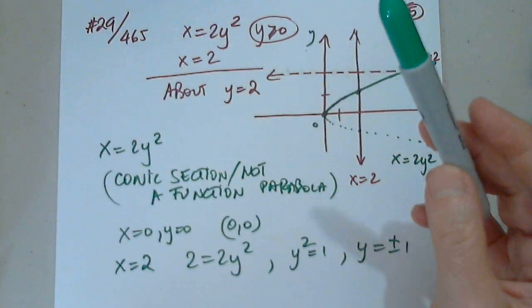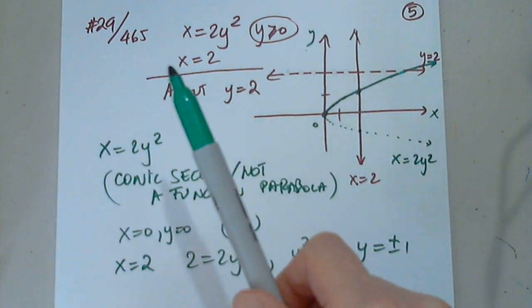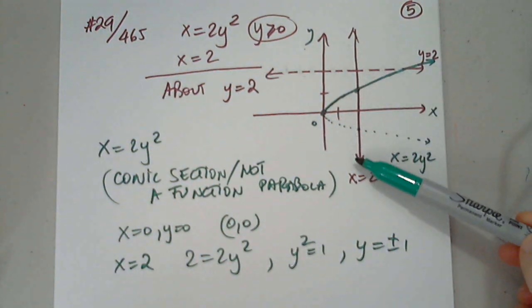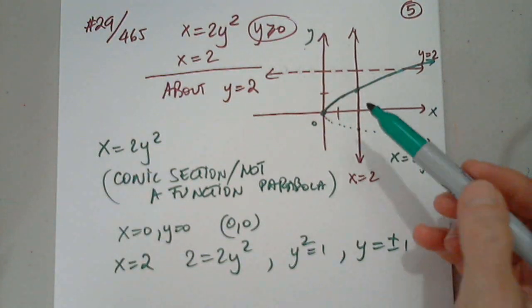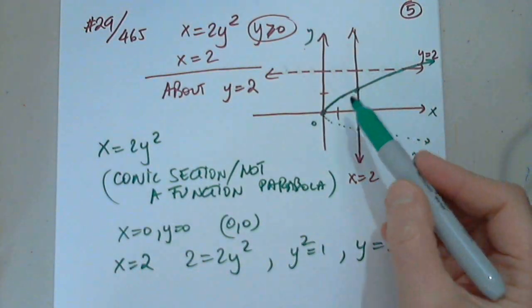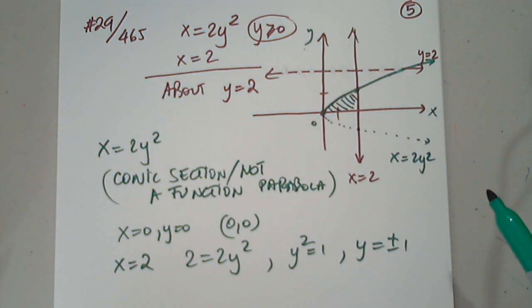So we are looking at, first of all, the area enclosed by x equals 2 and this conic section, which should be this whole thing, but we are only asked to use the positive y values.